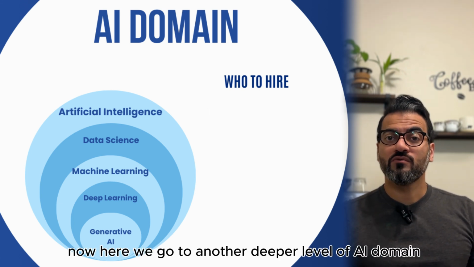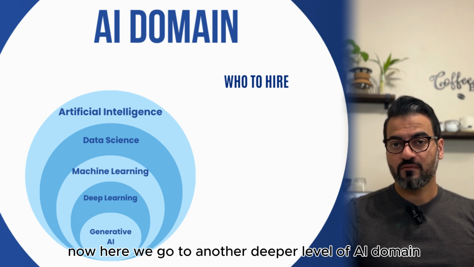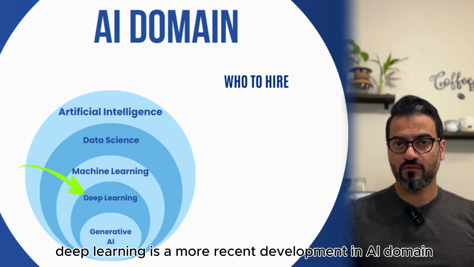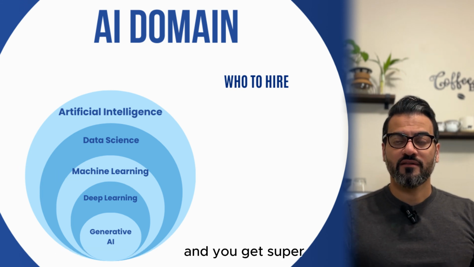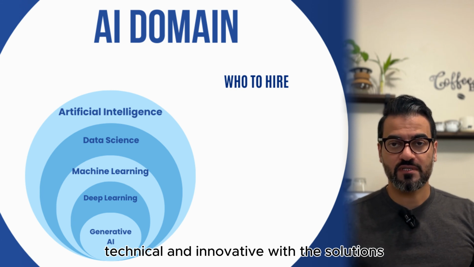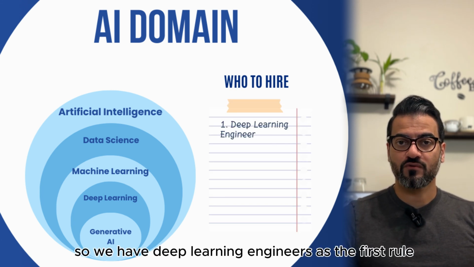Now, here we go to another deeper level of the AI domain, which is deep learning. Deep learning is a more recent development in the AI domain, and you get super technical and innovative with the solutions. So we have deep learning engineers as the first role.